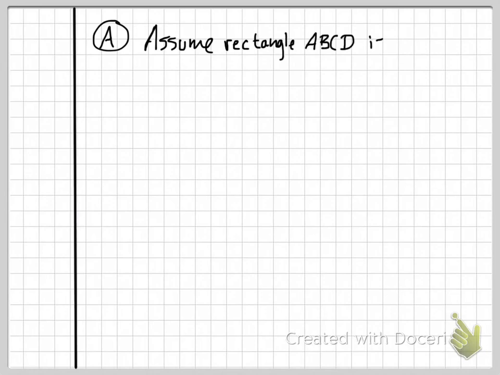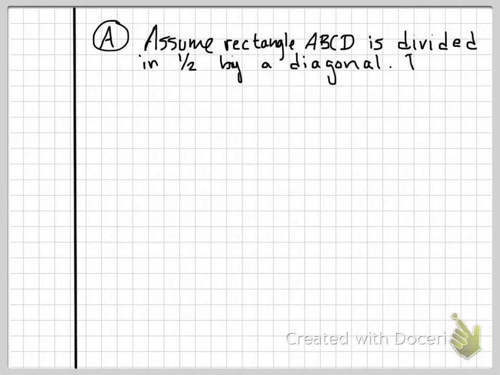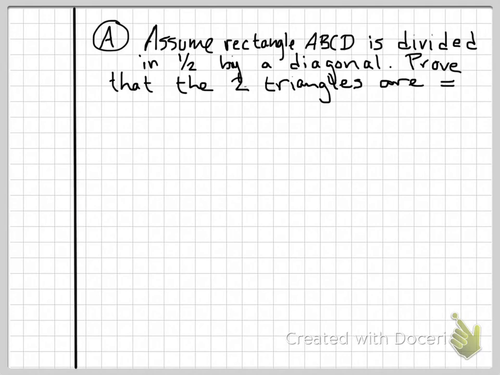Assume that rectangle ABCD is divided in half by a diagonal. Prove that the two triangles are congruent. So the first thing that I would do for this one, definitely, is make a rectangle.